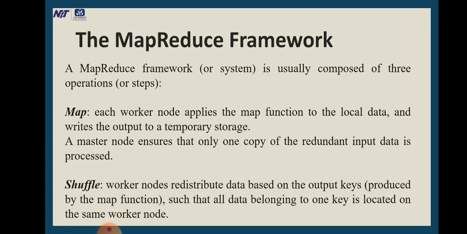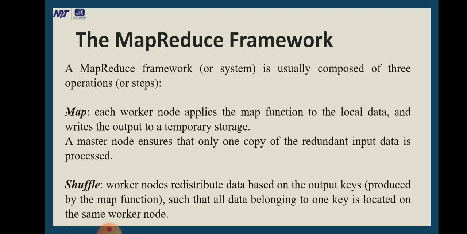A MapReduce framework is usually composed of three functions. First, map. In this step, each worker node applies the map function to the local data and writes the output to a temporary storage.